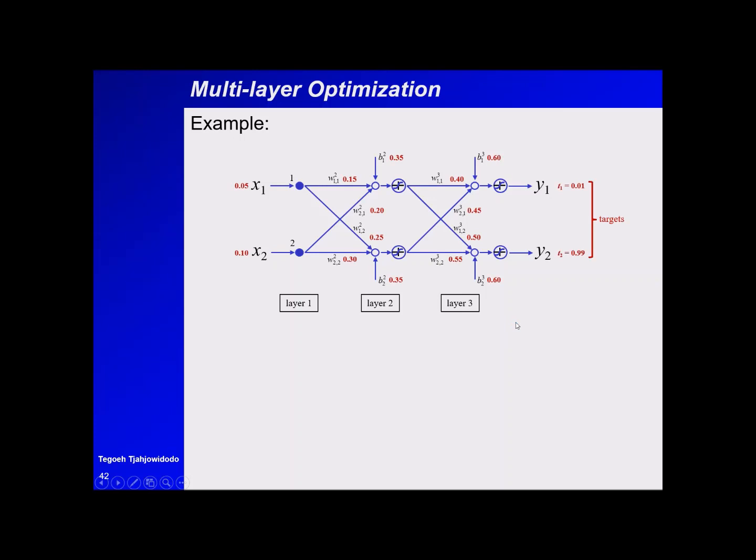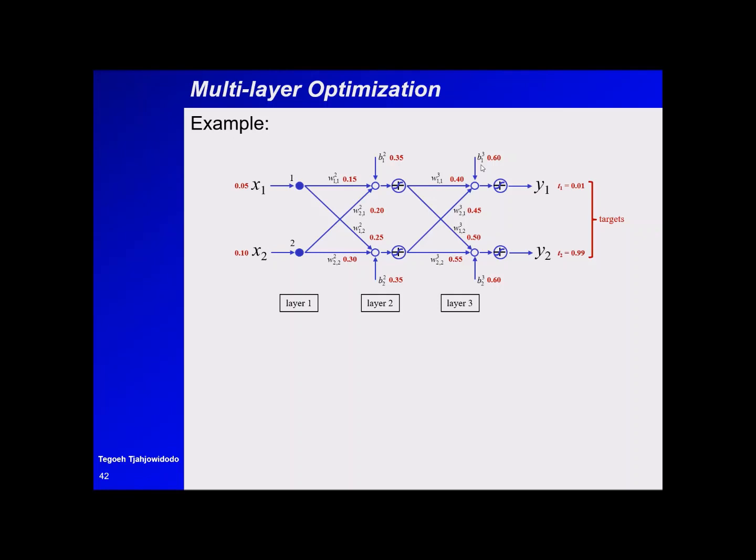First, we take just the initial values. These are the 2 inputs, x1 and x2, and the target outputs are these two, 0.01 and 0.99. At the beginning, I will just take an initial guess for all of the weightages here. I just take random numbers.